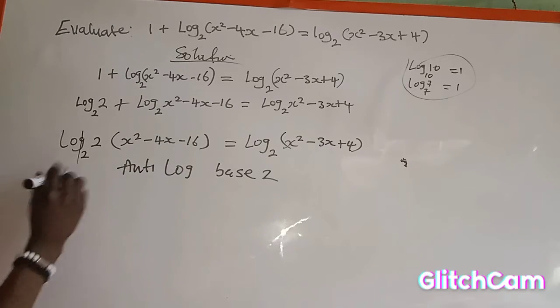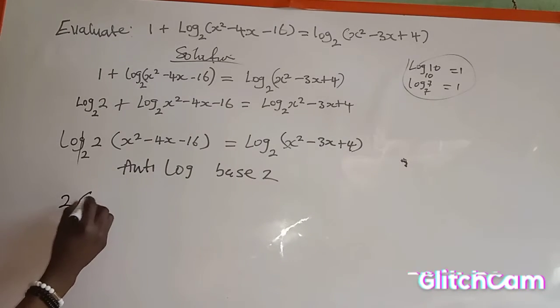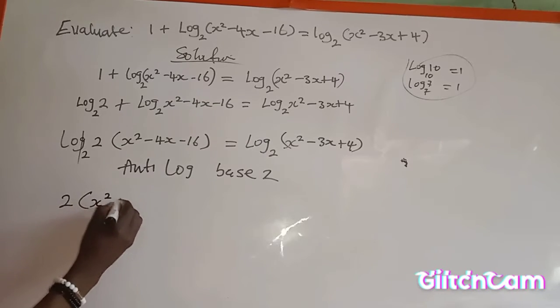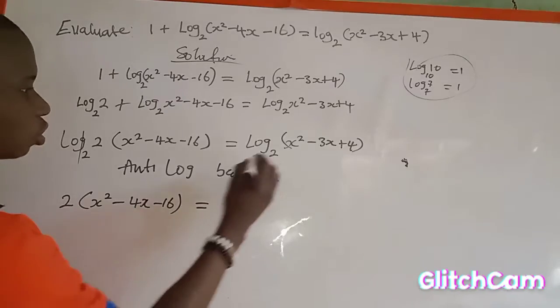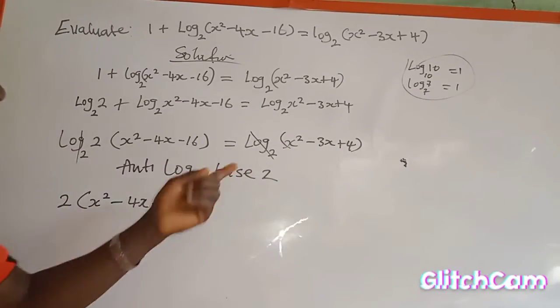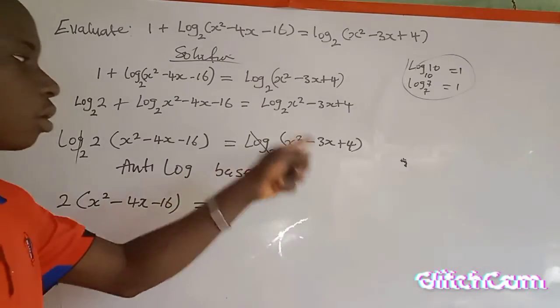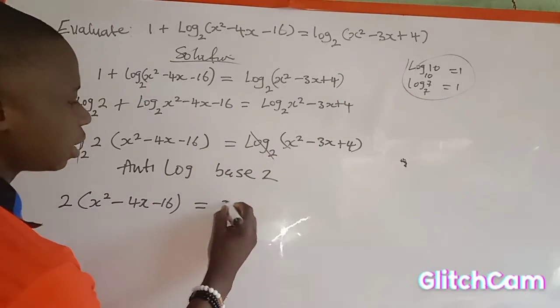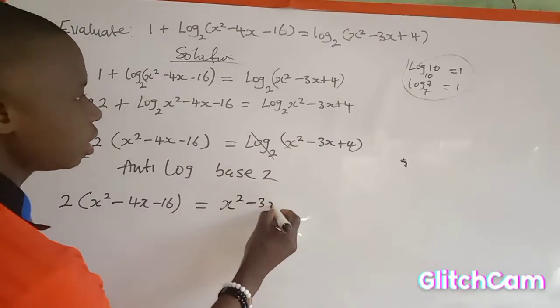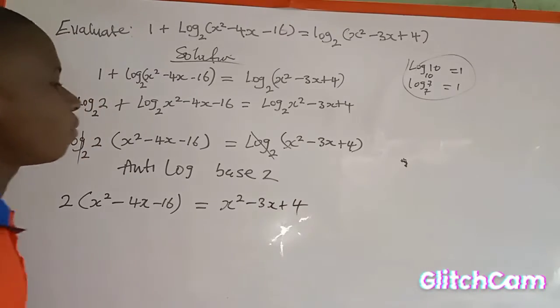After taking the antilog, what will remain now is 2(s squared minus 4s minus 16) equal to, this will also go, because if you take the antilog of log to the base of 2, it will cancel. What is left here is now s squared minus 3s plus 4.